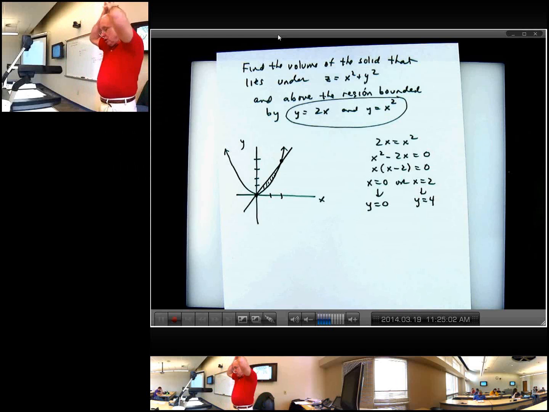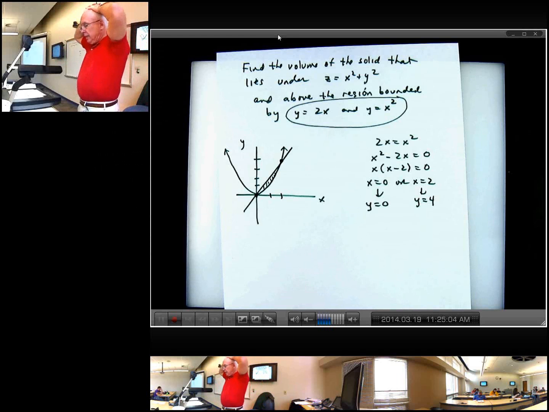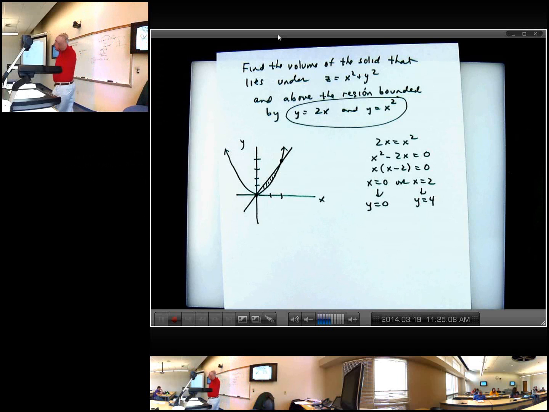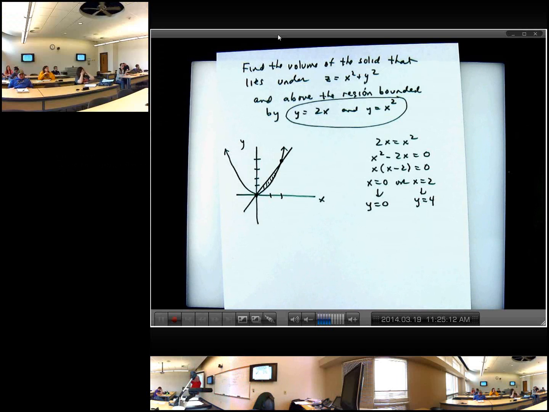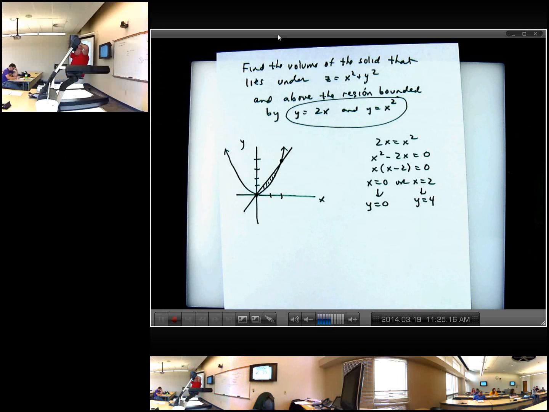Now, question, is this region a type 1 or a type 2 or what? It is a type 1. It's also a type 2. Because, at first, it's kind of hard to see because it's such a slim little thing there.